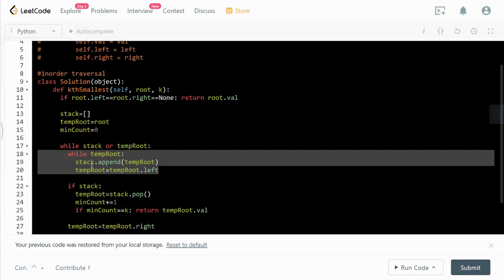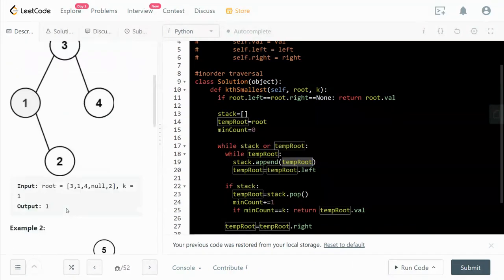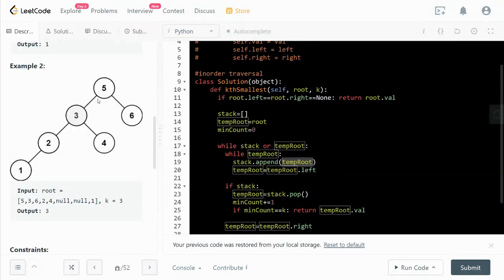While there's something in the stack, or the temporary root is not empty, this chunk of code keeps collecting, pushing all the left nodes to the stack. So it goes from here all the way to here. We push this node to the stack, push this node to the stack, and also this node to the stack. Then we pop off from the stack.